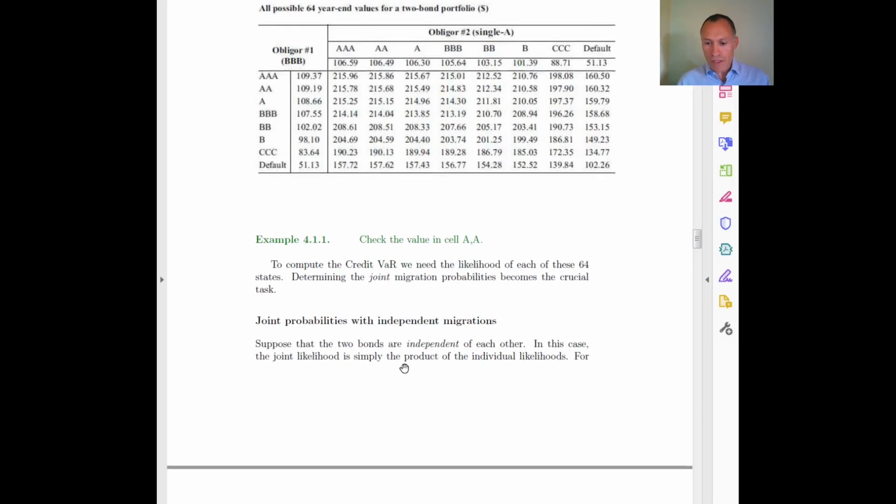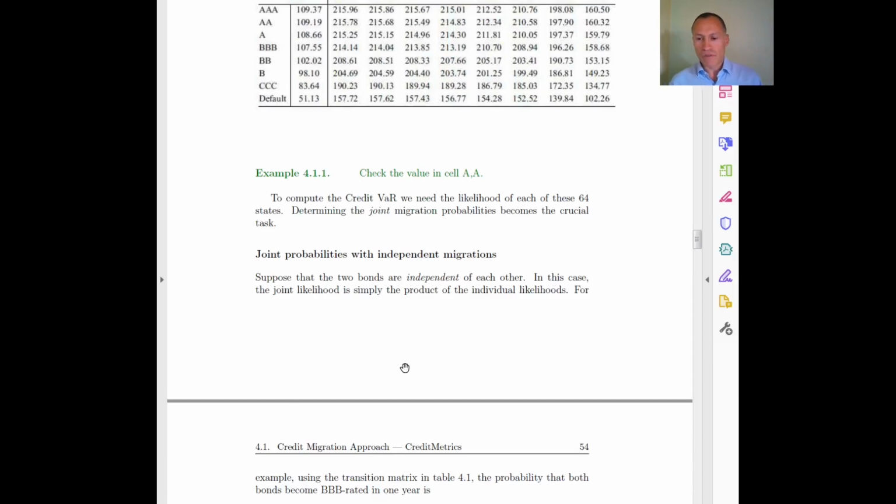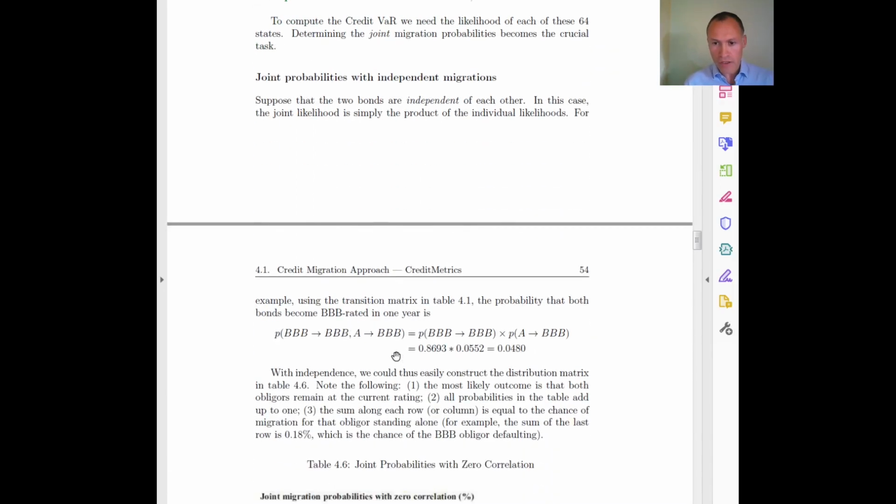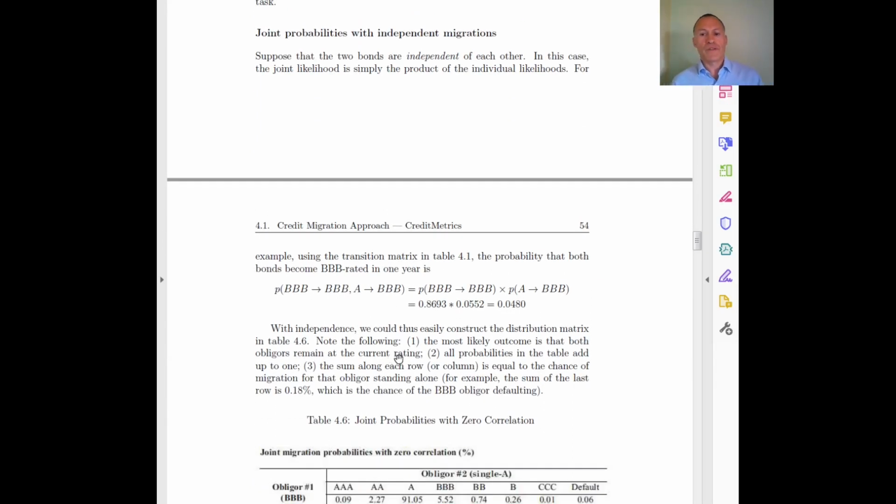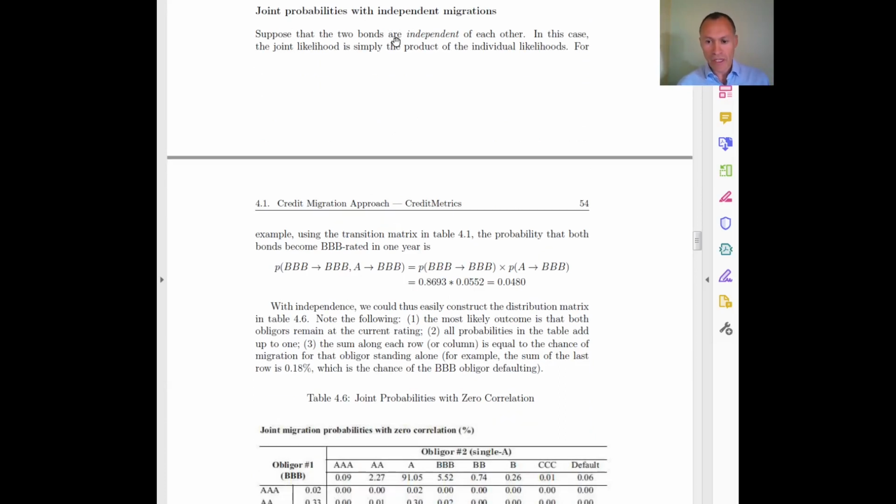Okay, so now we have to find the probabilities of observing those 64 states. So the first approach would be very naive, would just be to assume that the migrations are independent of each other. In that case, the calculations would be very simple.